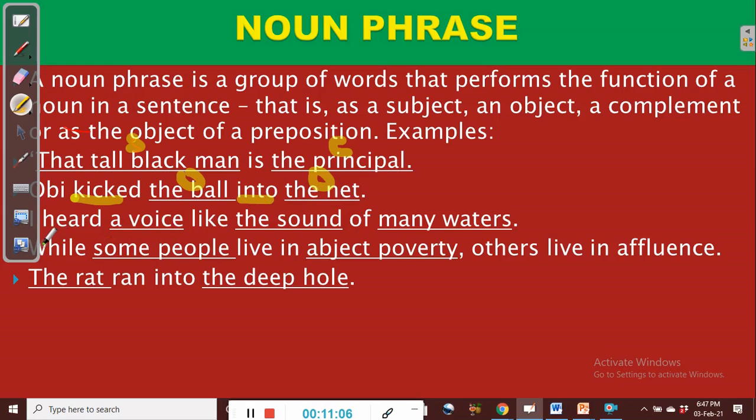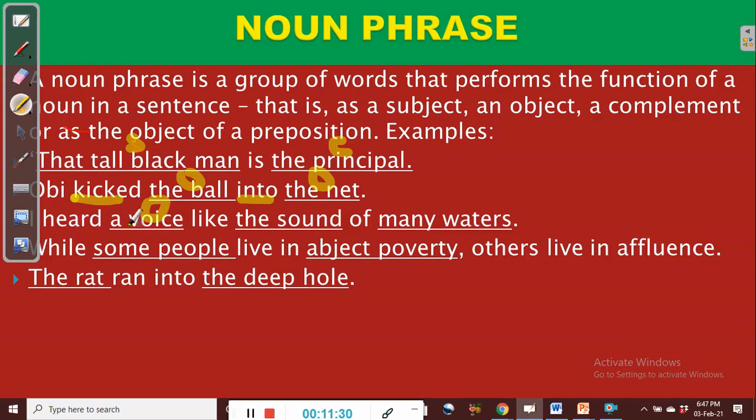Now let's look at the next example. I heard a voice like the sound of many waters. A voice here is functioning as the object of the verb heard.